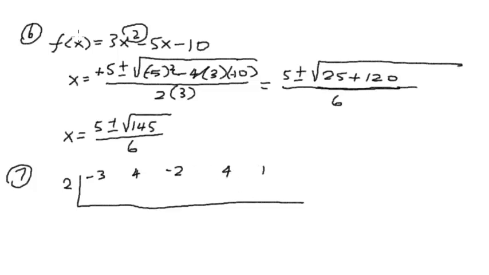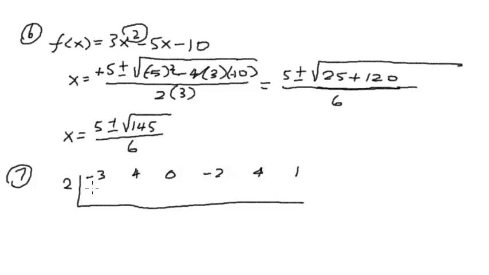Aha! They try to trick me here. Let me erase this. I need a 0. Okay, I need a 0 here, and then a negative 2, 4, and 1.